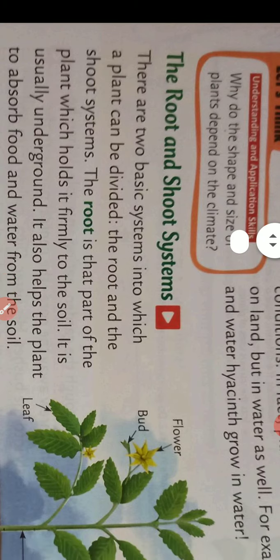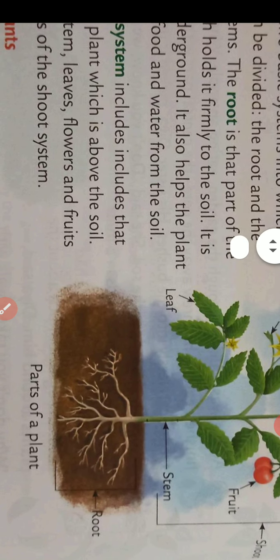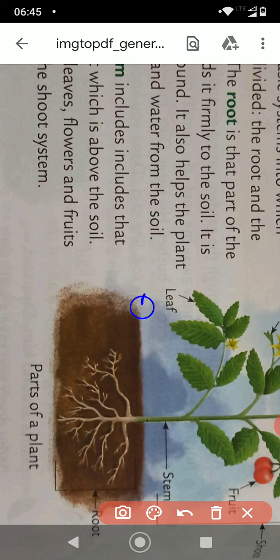So, the roots are the part of the plant which always remains below the ground. The part of the plant which remains below or under the ground is called the root system. Right? You can see there are roots here.